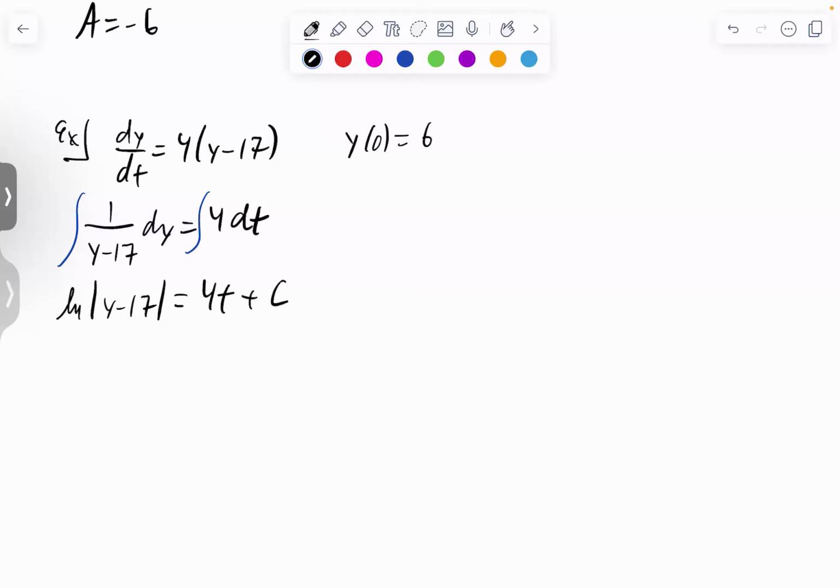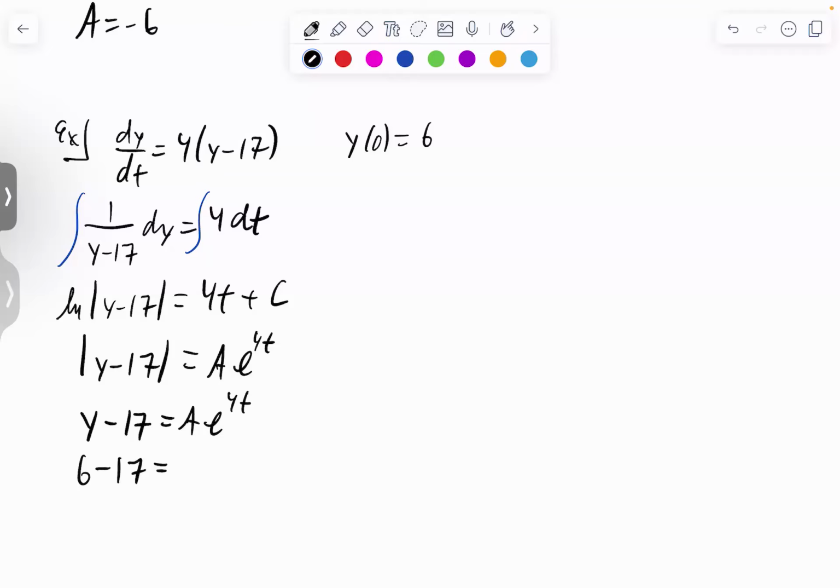Once again, I'm going to convert this into exponential form. And we know e to the c now is just a. And let's figure out what a is based on our initial condition. So when y equals 6, we get that a is e to the 0, which is just 1 again.